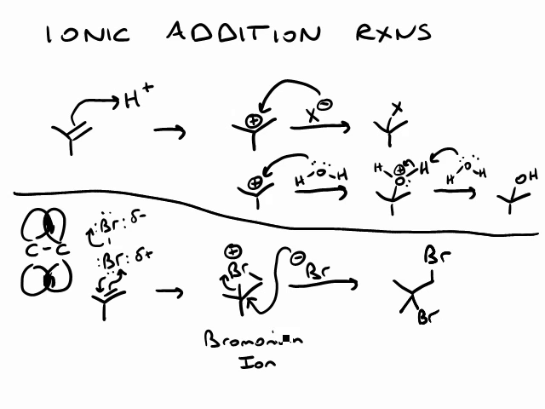Here, there are also 2 discrete steps. But notice that when the nucleophile here attacks this electrophile, because there's a lone pair on this bromine, we can form a bridged species which is then opened up via nucleophilic attack. These are 2 very different mechanisms for addition reactions, both of which are ionic addition reactions.